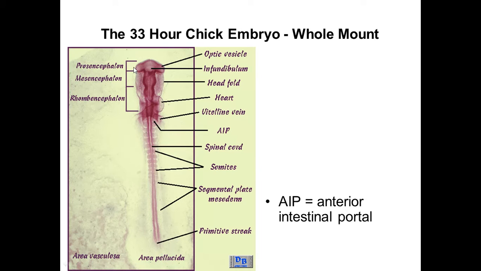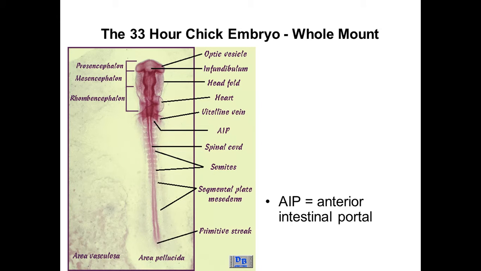So this portion will actually be bent toward the rhombencephalon, forming a sharp bend in the floor of the mesencephalon. We will be able to appreciate that in later stages of the animal.